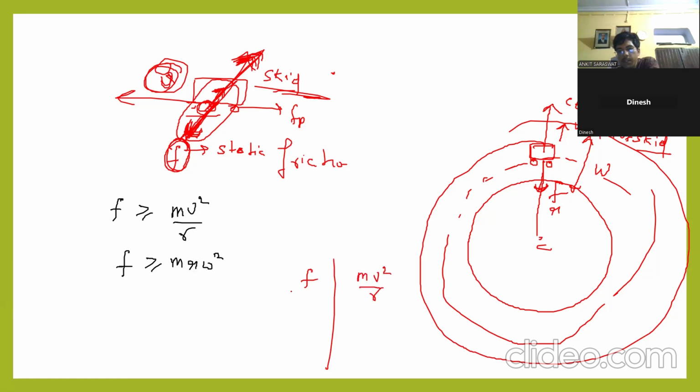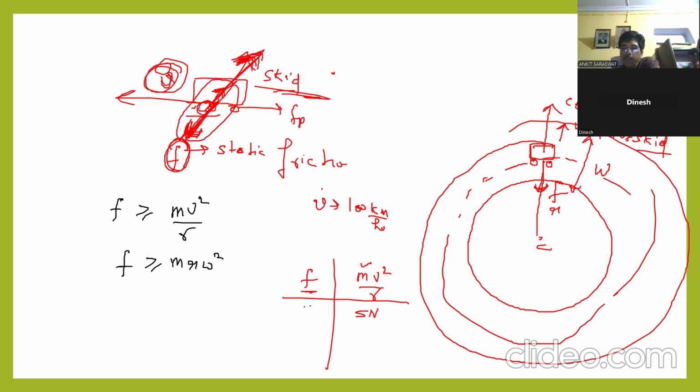Now listen. This friction is of a self-adjusting nature. For example, if you are increasing your speed, m, the mass of the car, is constant, while v and r will vary. If you are moving your car at 100 km per hour on a circular turn, let us suppose the centripetal force generated is 5 Newton.